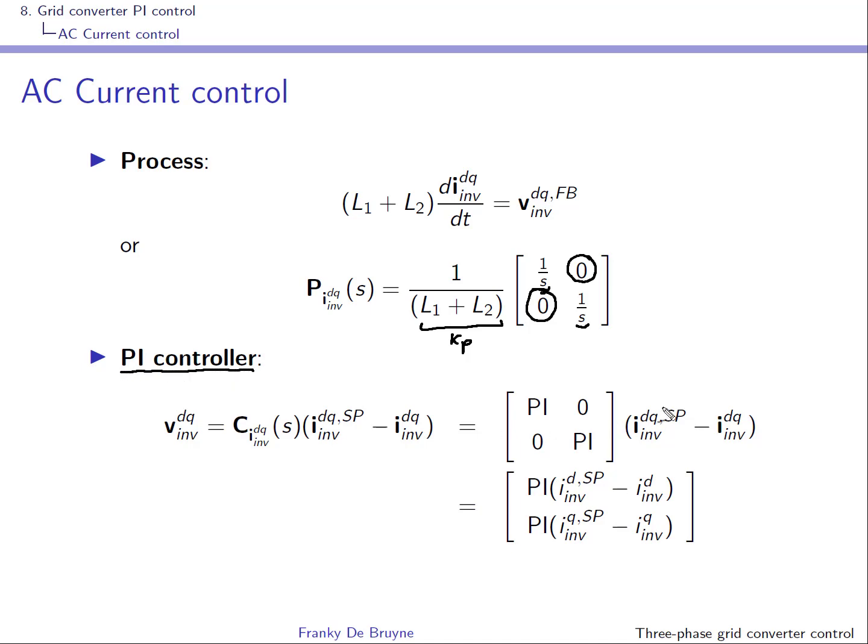If you go through the equations, you can see that, because the system is decoupled, you can simply use two PI controllers, one acting on the D component and the other one acting on the Q component. And instead of using two PI controllers, I'm going to use this vector PI controller that I have introduced previously.